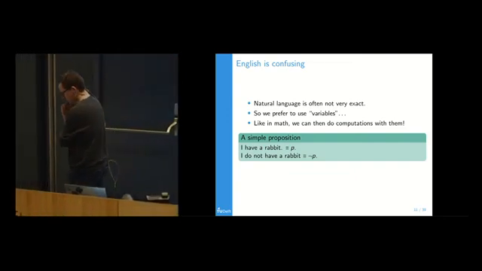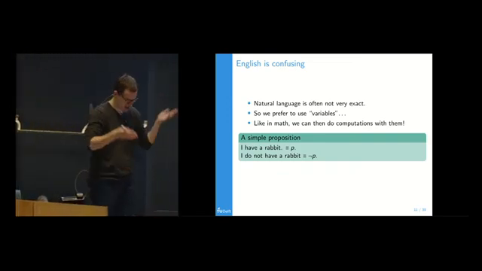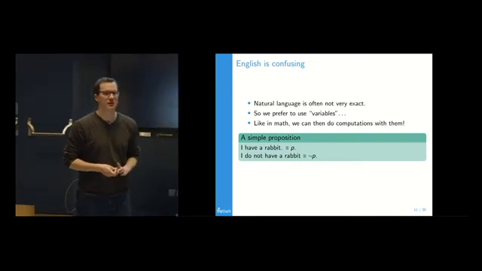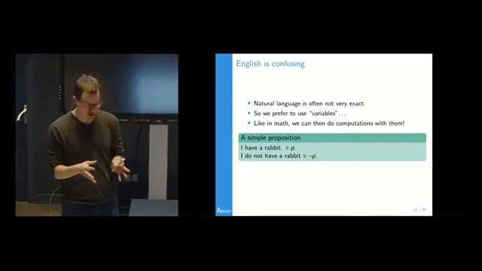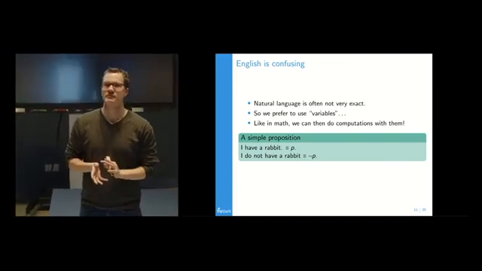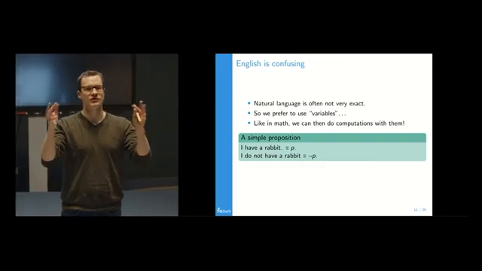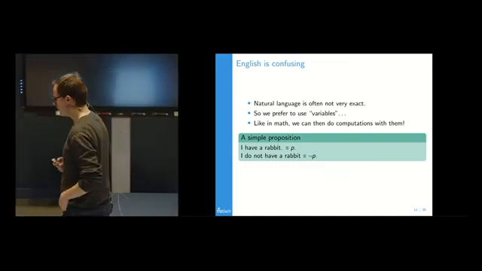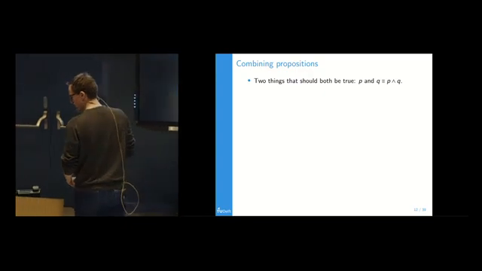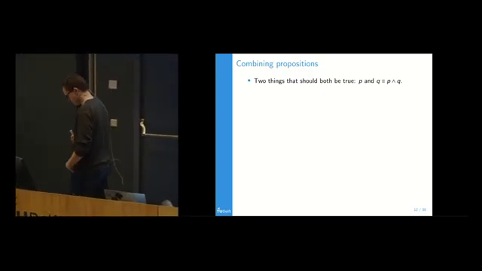Okay, so an English sentence, we get rid of it, we have a letter, maybe we add in a hook thingy. Now what? Well, these sentences, these propositions on their own, are usually not that interesting. Things become a little bit more interesting if we start combining propositions. For example, if I have 2 things, let's call them P and Q, and I want both of them to be true.